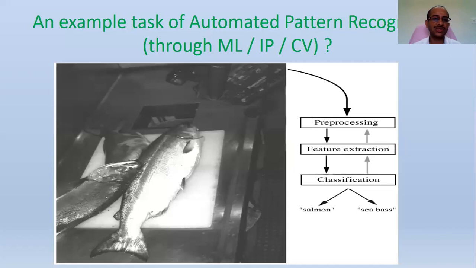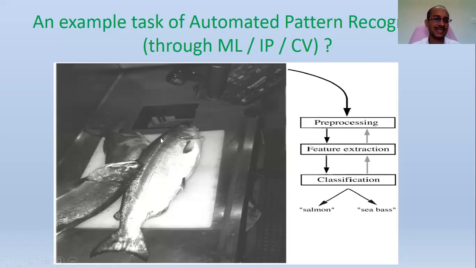We said we start by identifying or segmenting each different fish. That comes under pre-processing. Before feature extraction, we have to align them along a single direction to find the attributes better. That also comes under pre-processing.